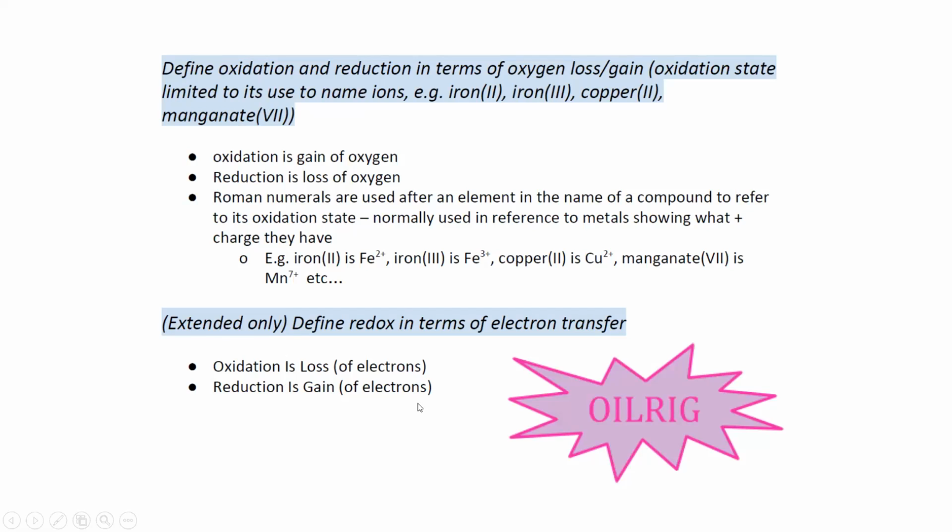So oxidation is a gain of oxygen, and reduction is loss of oxygen. Or in terms of electrons, oxidation is a loss of electrons, and reduction is a gain of electrons.